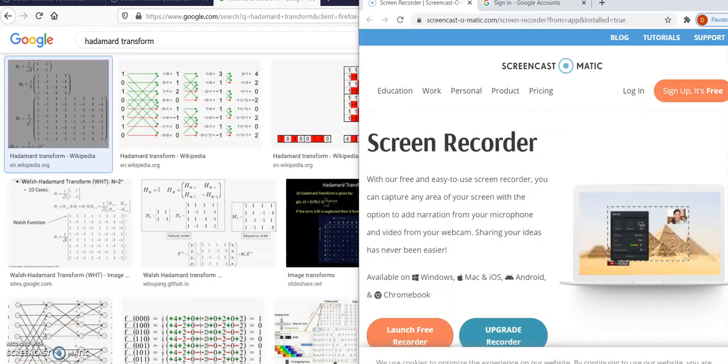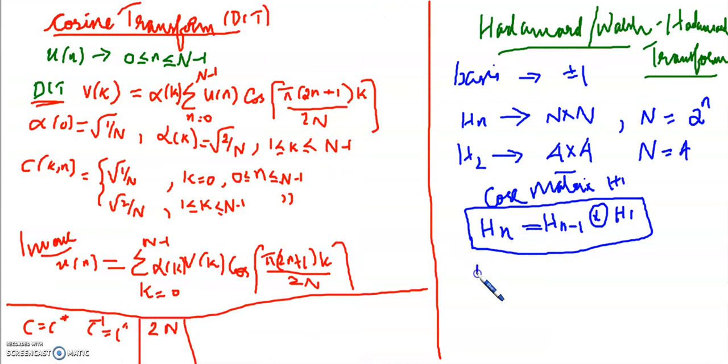So H2 will be Hn minus 1, which is H1 Kronecker product H1. That is my expression. I have H1, the core matrix, and you already know H1 is 1 by root 2 times 1, 1, 1, minus 1.